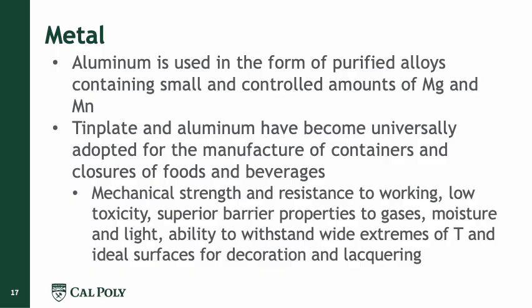In the case of tin plate cans, we can heat them to very high temperatures. And in the case of aluminum cans, we can refrigerate them at low temperatures. They are also very good surfaces for decoration and to add other types of coatings or lacquering for many purposes, avoiding some type of transfer or protecting the food even better.